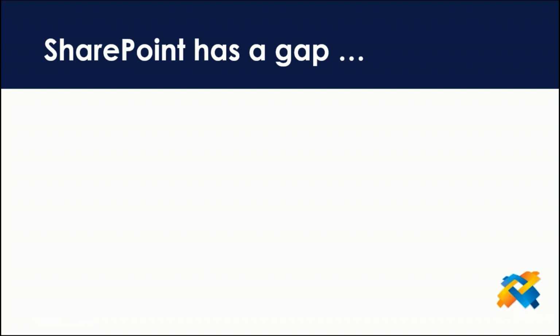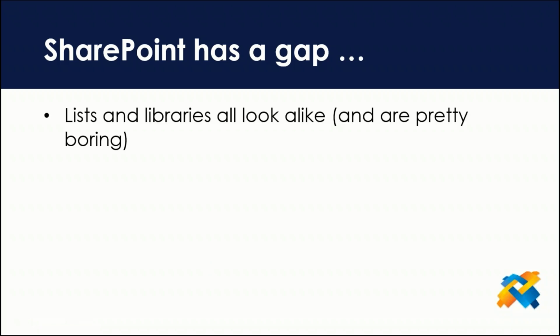As we who work with SharePoint know, SharePoint has a bit of a gap. They have more than one gap, but what we're going to talk about today is the fact that lists and libraries all look alike. In their native state, they all look the same and they're all really boring. It's very difficult to give your user a compelling experience when all they have to look at is just a list of numbers and data and stuff.